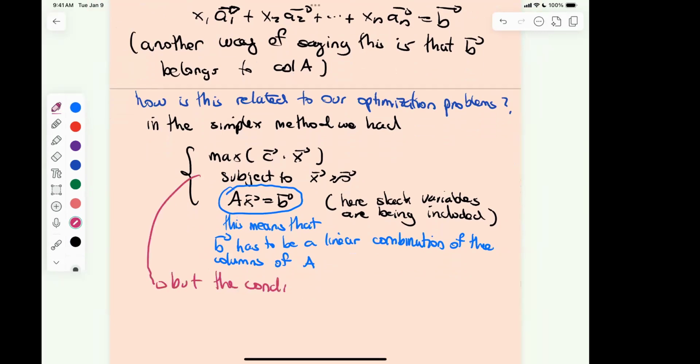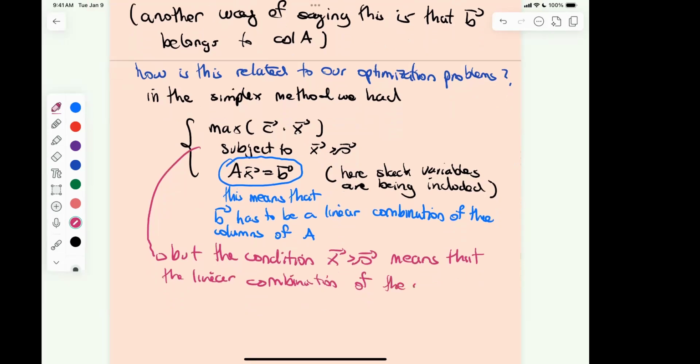I'm about to show you with an animation what I mean. The linear combination of the columns should be with non-negative coefficients. Should use only.